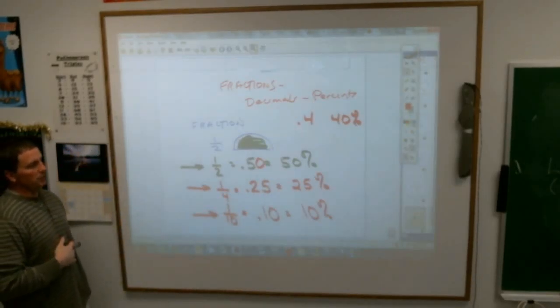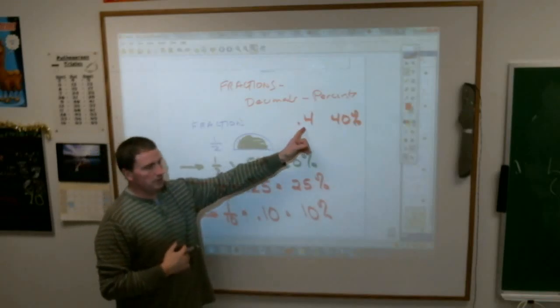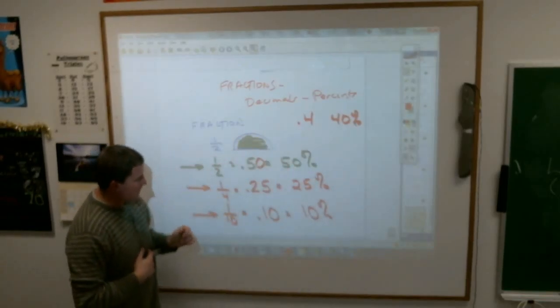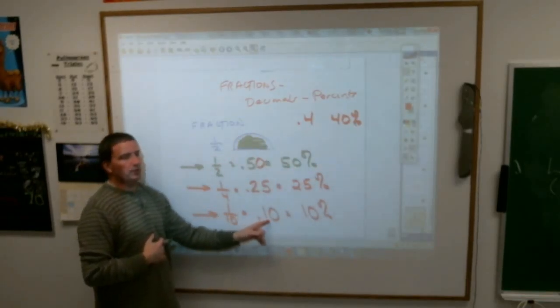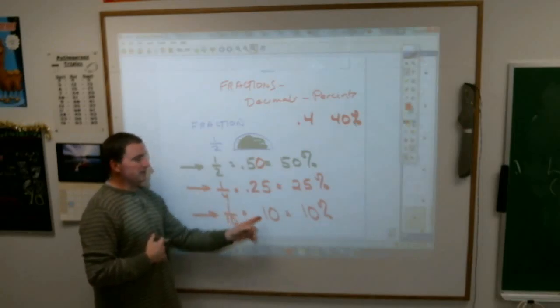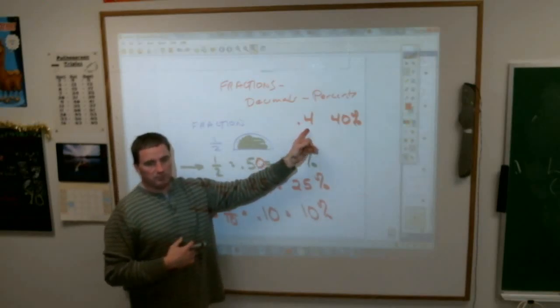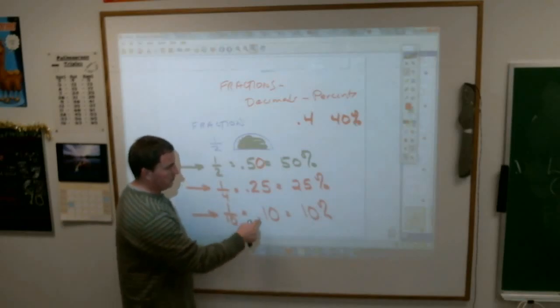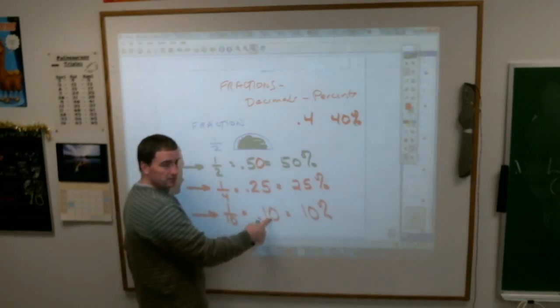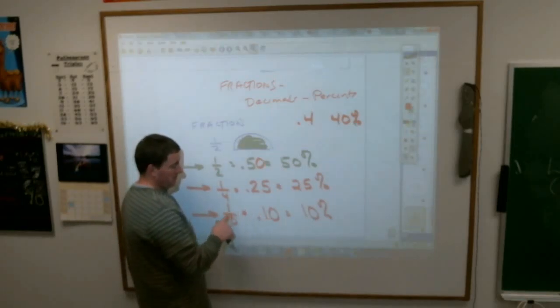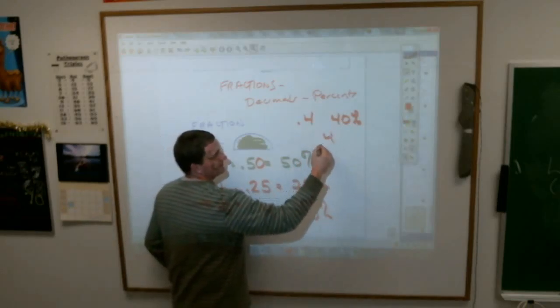Well, what do you suppose 0.4 would be? Here's what you think about. If 0.1 is 1/10, how many 0.1s does it take to make 0.4? Yeah, 4 of them. 4 dimes makes 40 cents.